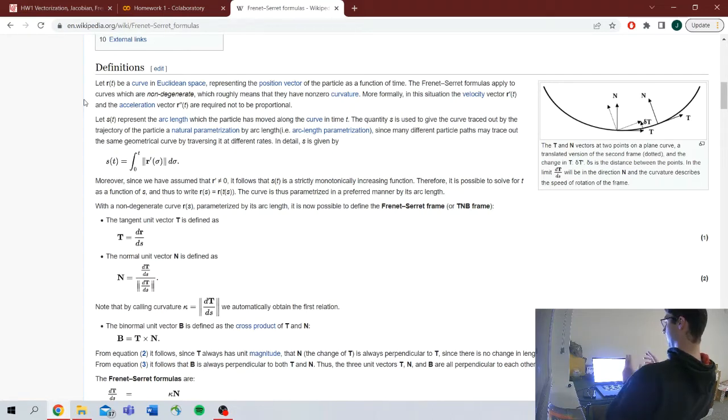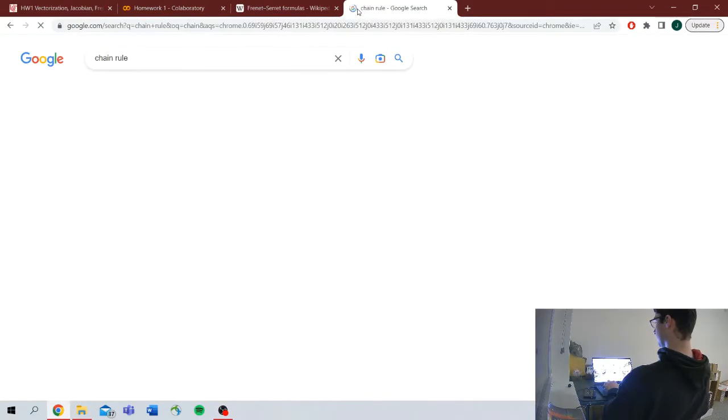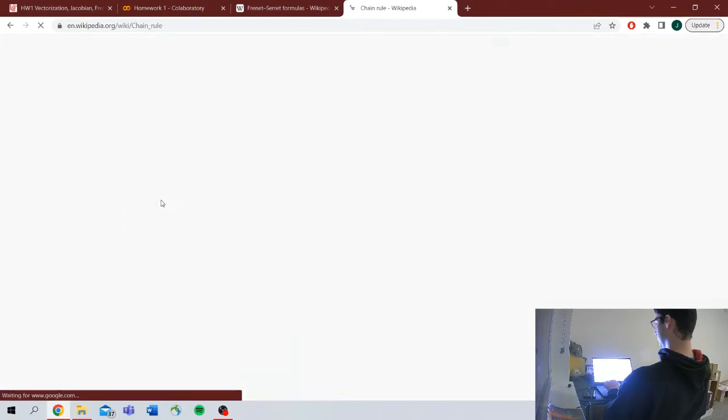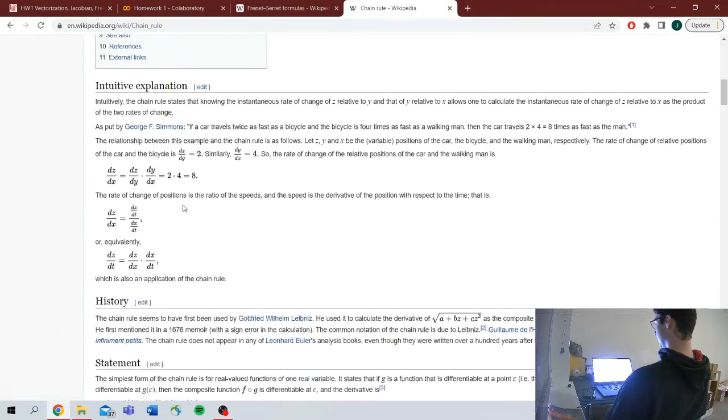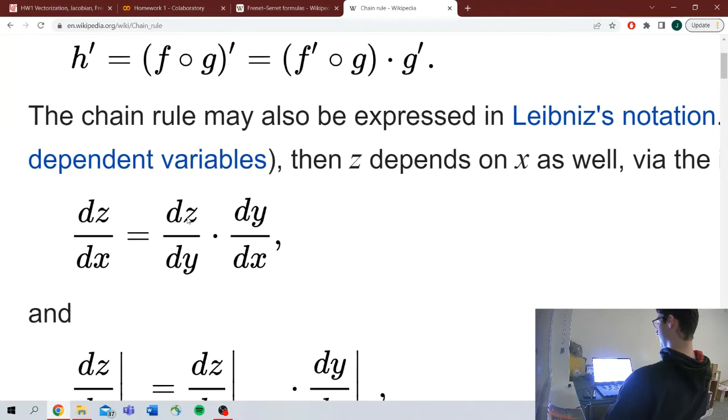And then by dividing one by the other, we can use the chain rule here to cancel out the dt's, cancel out the time, and then get our equation in terms of the curve in terms of arc length.